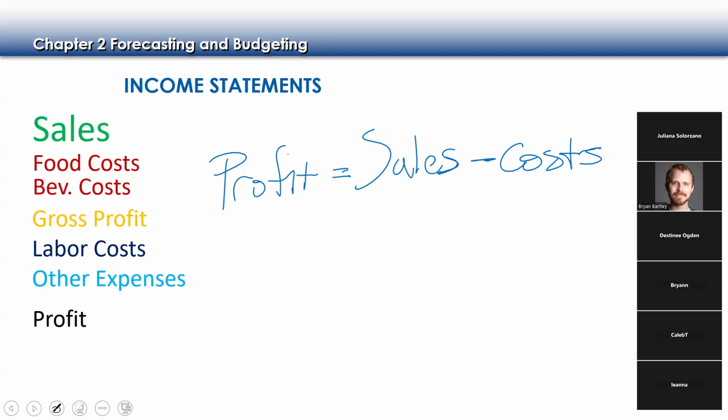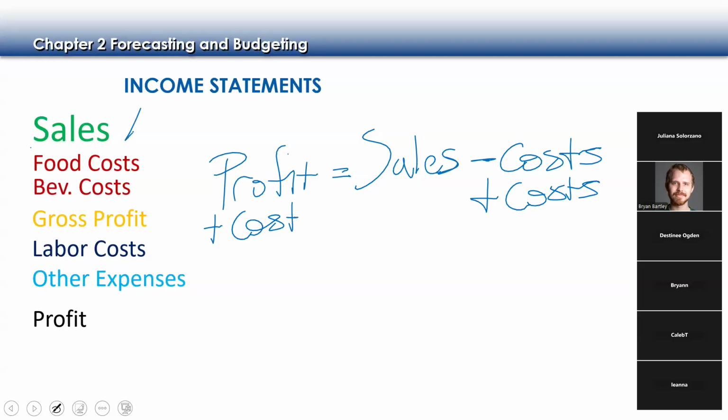Sales minus costs. That's our formula, right? What if we want to have sales all by itself? We have to add costs here, right? The opposite. And then we have to add it over here as well.